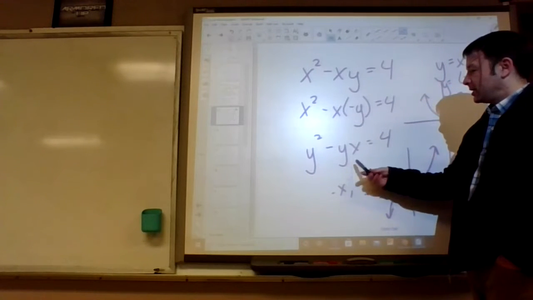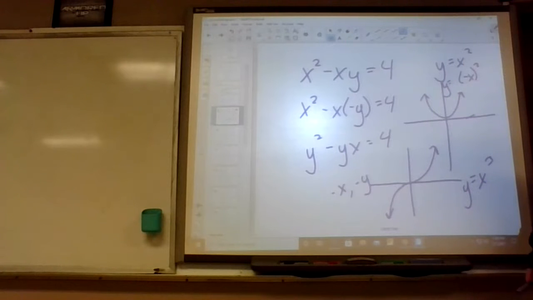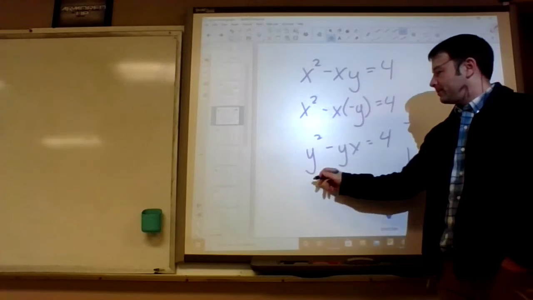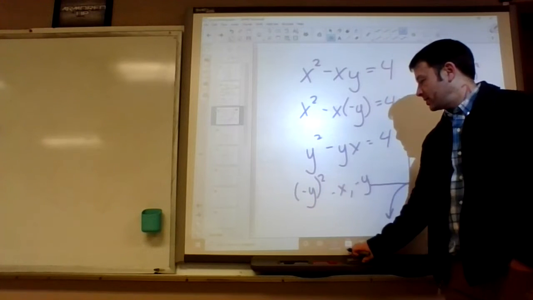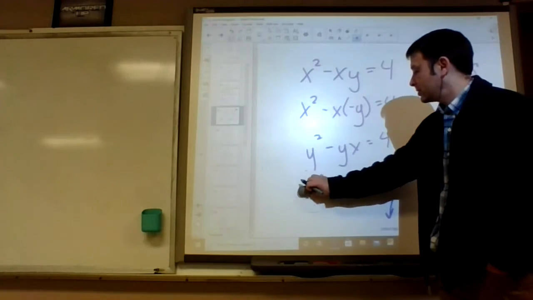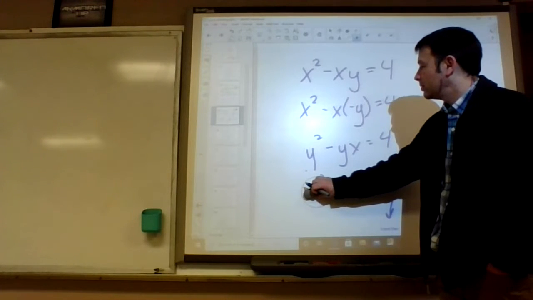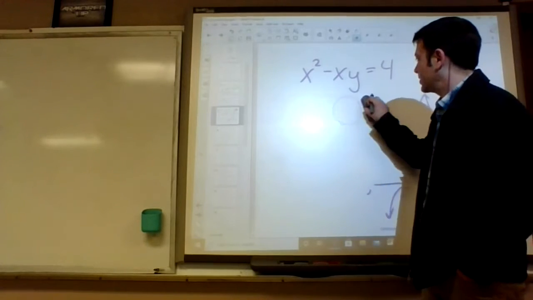And if the function stays the same, then it is going to be symmetrical about the origin. So if I change this to negative x squared, sorry, I forgot what my original function was for a second. It's right here.